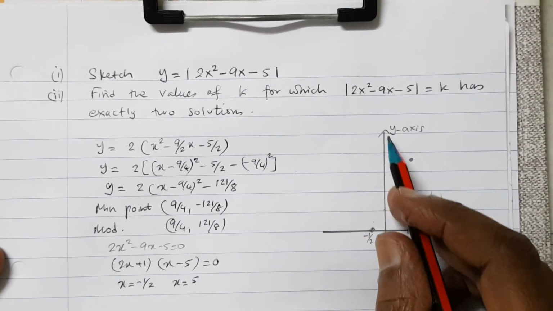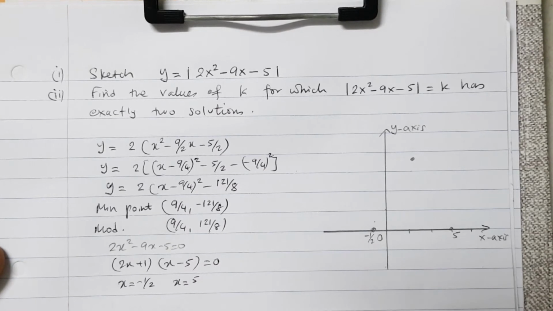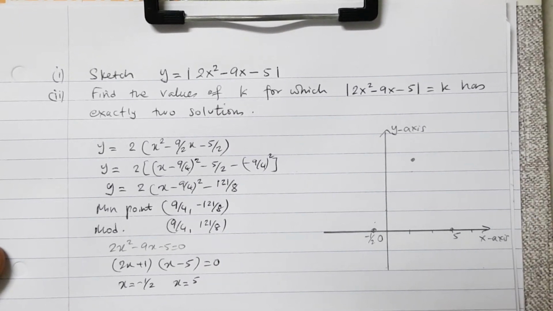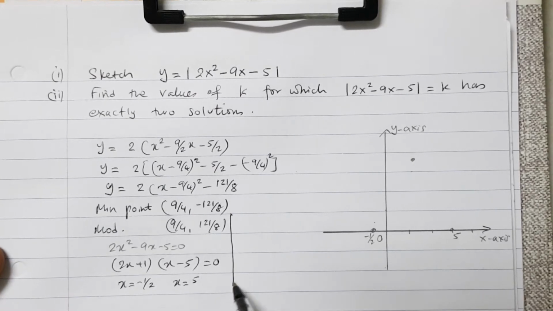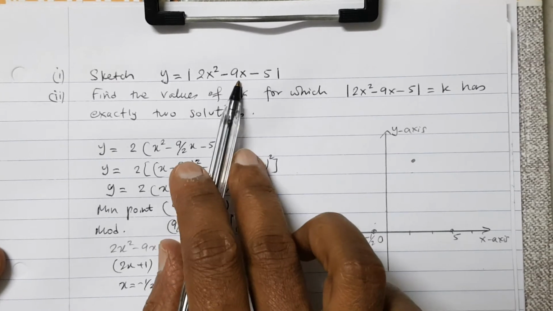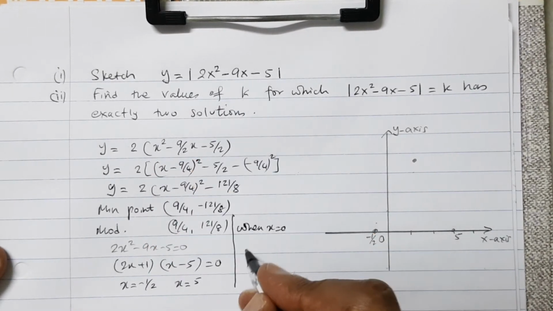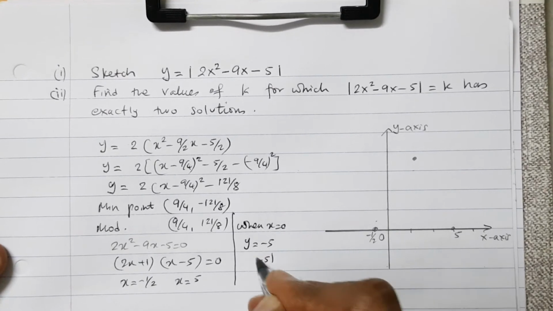And I want to know where it crosses the y-axis. It crosses the y-axis where x is equal to 0. When x is equal to 0, you just put 0 in, and y is going to be equal to minus 5. But the mod of minus 5 is 5.